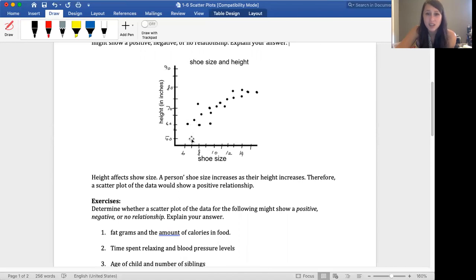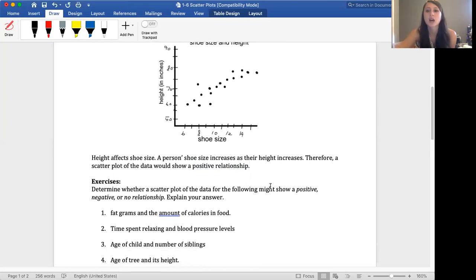So we look at the connection between how big their feet are and how tall they are. Immediately you see as the shoe size gets bigger, the height also gets bigger. A person's shoe size increases as their height increases. Therefore, a scatter plot of the data would show a positive relationship.